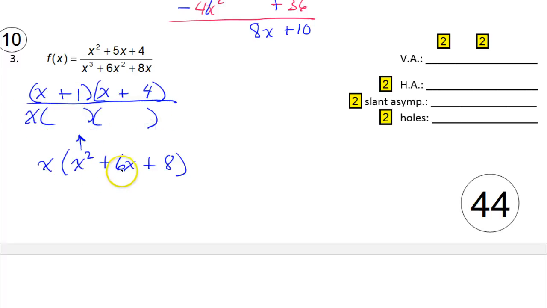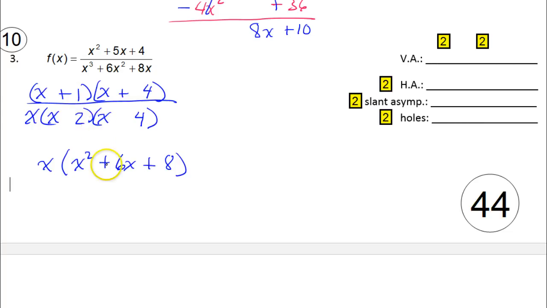but now as I factor this, x squared can only factor as x times x. 8 can either be 2 times 4 or 1 times 8. Considering the 6 in the middle, I'm going to go with 2 times 4. Now again, inner plus outer must equal the middle.